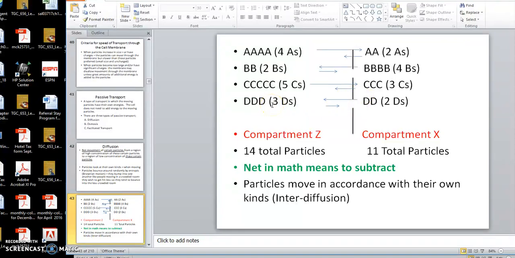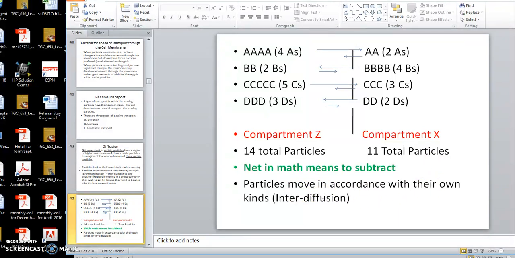So they bounce around for a long time until both sides have as many A's on this side as that side, and that's what we call the state of equilibrium. So there's a net motion of the particles from the high side to the low side, but they're looking at each of their own kind.